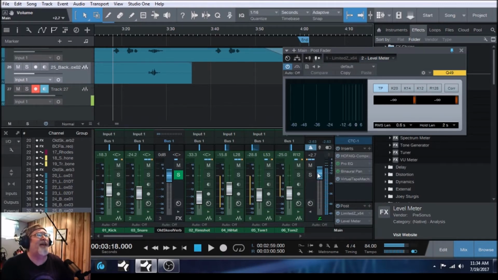Now I'm going to go ahead and push the level up harder into the brick wall limiter, and you're going to hear the volume come up, but it's still not going to go above 0. But then you're going to start to hear the song smash and get distorted. So take a look at this.